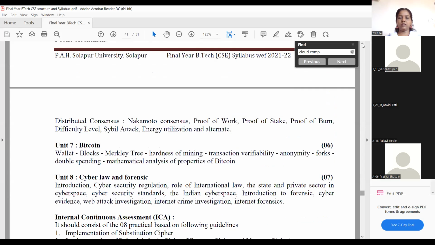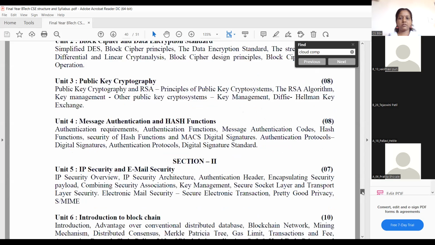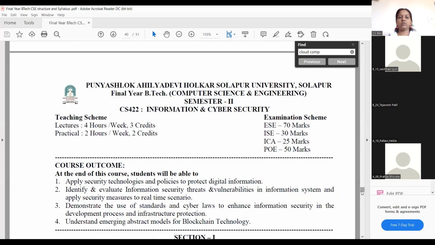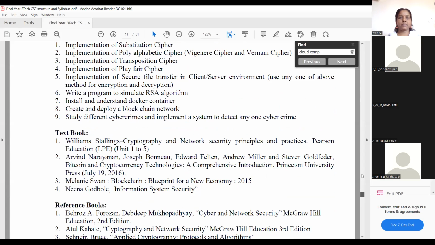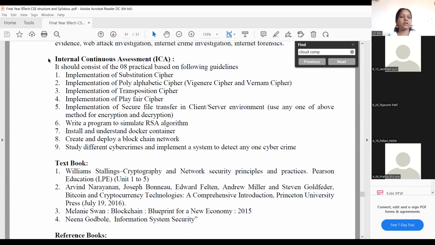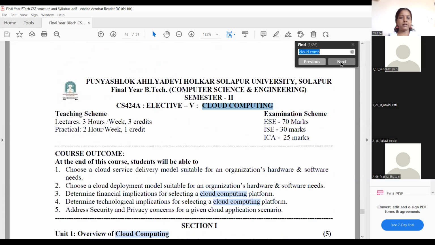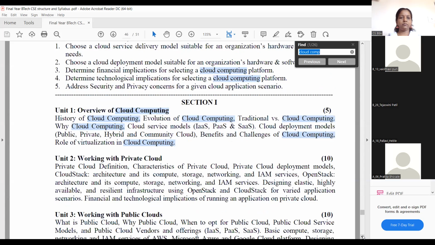In today's morning session, you had the ICS lecture, and the list of practicals is already given over there. But that kind of practical list is not there in our cloud computing syllabus.